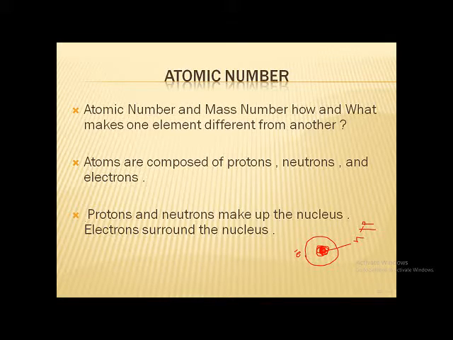So protons and neutrons make up the nucleus, and electrons surround the nucleus. The electrons move freely around this nucleus, which consists of neutrons and protons, and it makes the mass of the atom. So all the mass of the atom is concentrated inside the nucleus.